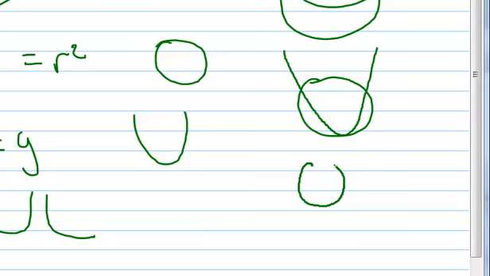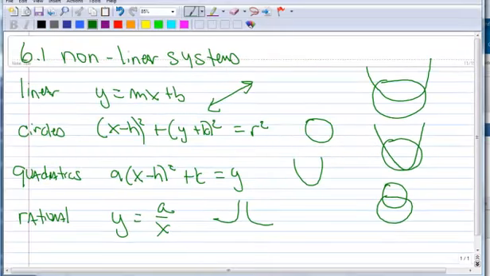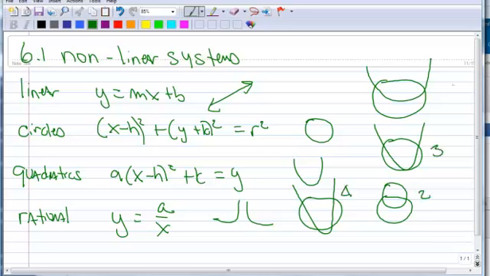I could have two circles intersect each other, right? And here's another one. You're just getting some ideas here. No, let me redo that one. I could have a parabola. Let's start with the circle. I could have a circle like that, and I could have a parabola go through that, and there I've got four solutions. 4, 2, 3, 2.